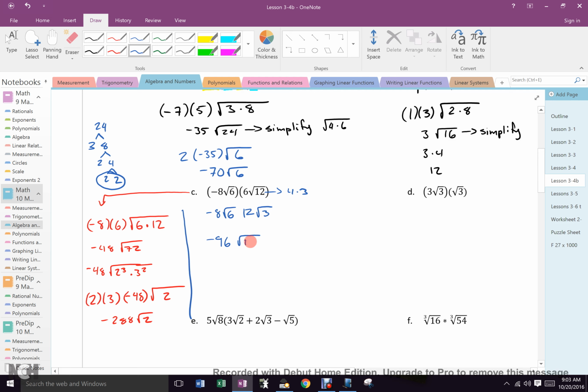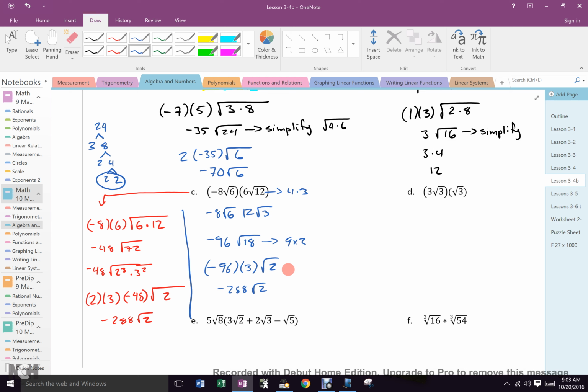Root 6 times 3 is 18. Then I would simplify 18. 9 times 2, what's the square root of 9? 3. So it becomes 3, negative 96, times 3, and I left the 2 under there, which is still negative 288 root 2.